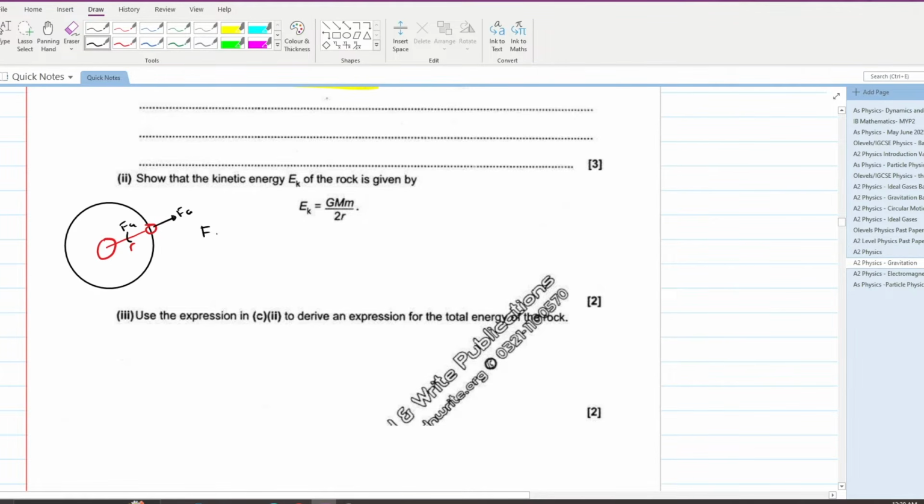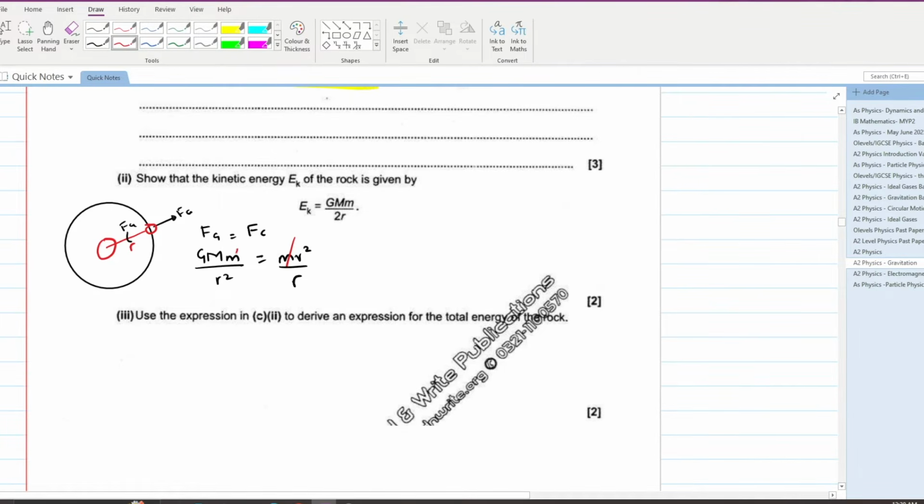The force of gravitation is equal to the centripetal force. What was the force of gravitation ka formula? Capital G, capital M, small m divided by r square. In this case we will be using a small r because in the question we are given the small r. ठीक है, पिछले वाले क्वेश्चंस में कैपिटल r दिया था तो we just use capital R, और कोई रॉकेट साइंस नहीं है इसमें. mv square divided by r.